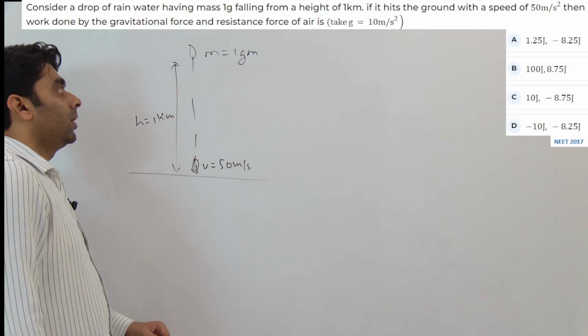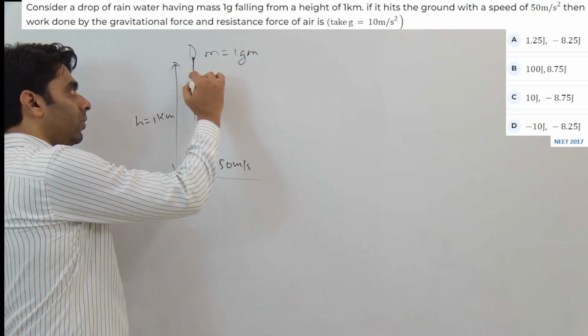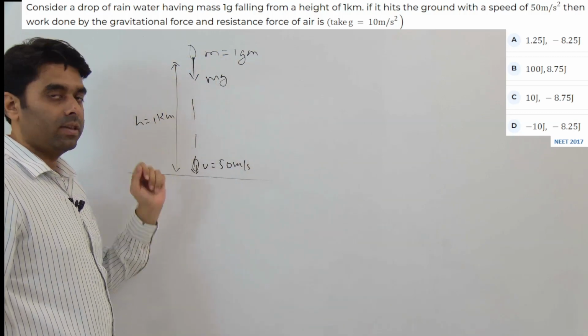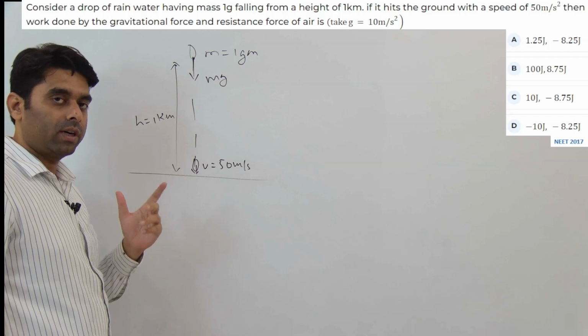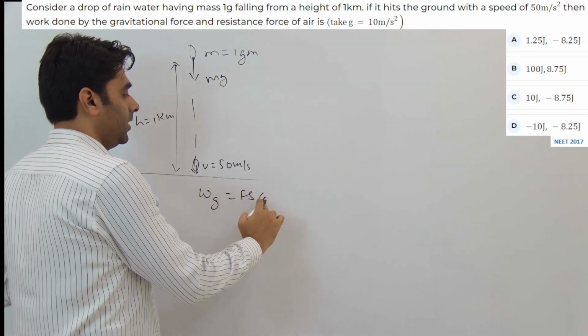How to do it? Now work done by gravitation we can calculate directly. Do we know gravitational force? Yes, which is mg. Do we know displacement? Yes, displacement is 1 kilometer. So work done by gravity we can directly write as Fs cos theta.